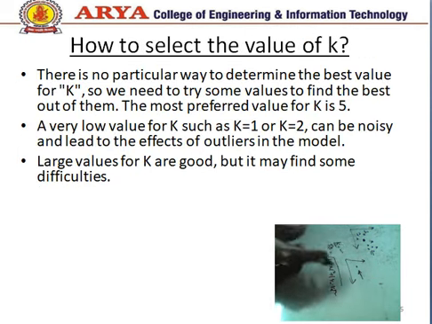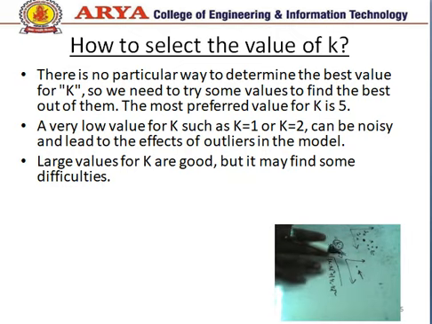So the question arises here, how do we calculate or assume the value of K? First of all, we should know that there is no particular way to determine the best value for K. So here we consider some values of K and find the best out of them. The most preferred value is K equal to 5.